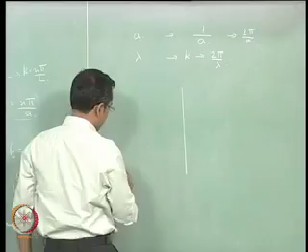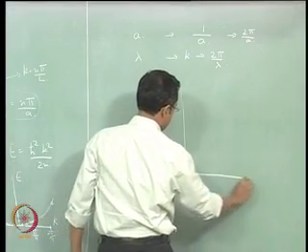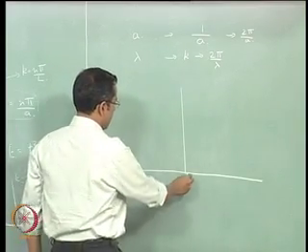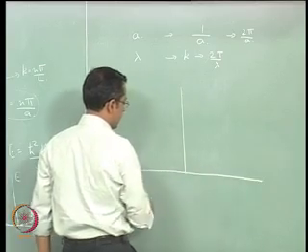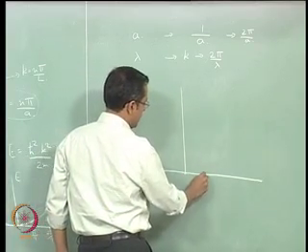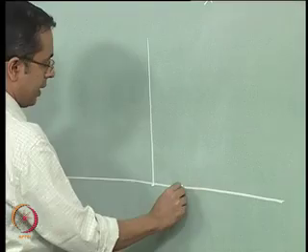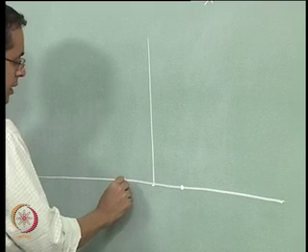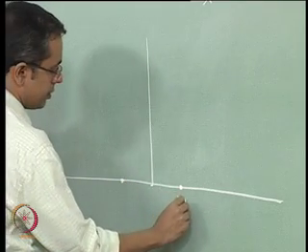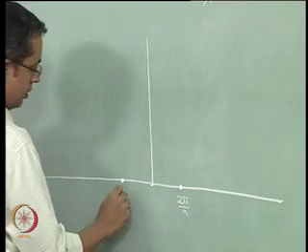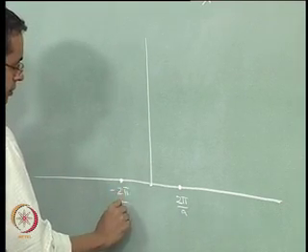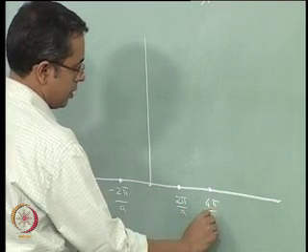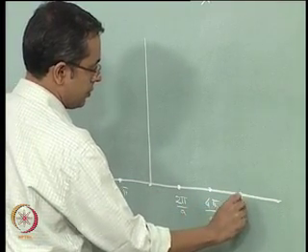We have some origin here, and the distance marked around here. So we will have 2 pi by A as the reciprocal lattice vector, minus 2 pi by A, then 4 pi by A, 6 pi by A, and so on.